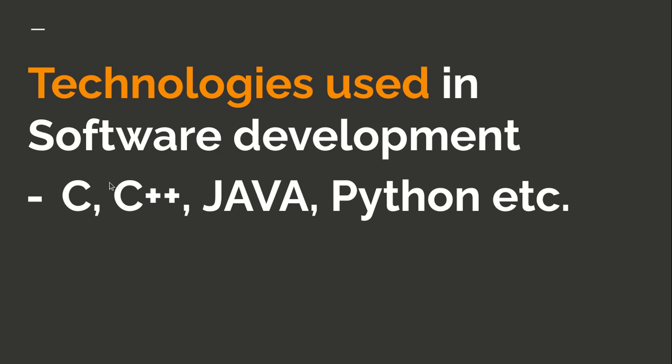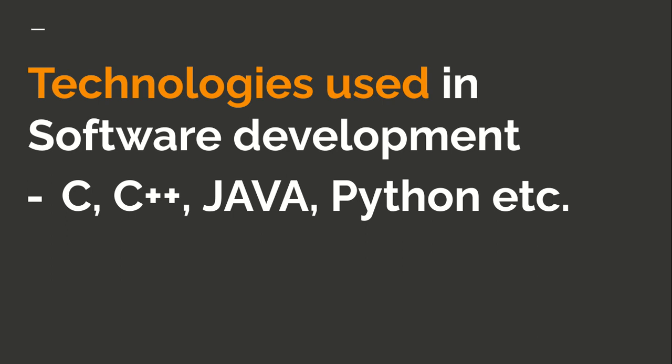So we've checked on what software development is and some concepts and defined some terms, but now we need to know some of the technologies that are used in software development. These technologies are basically the programming languages that are used in the process of building these applications.